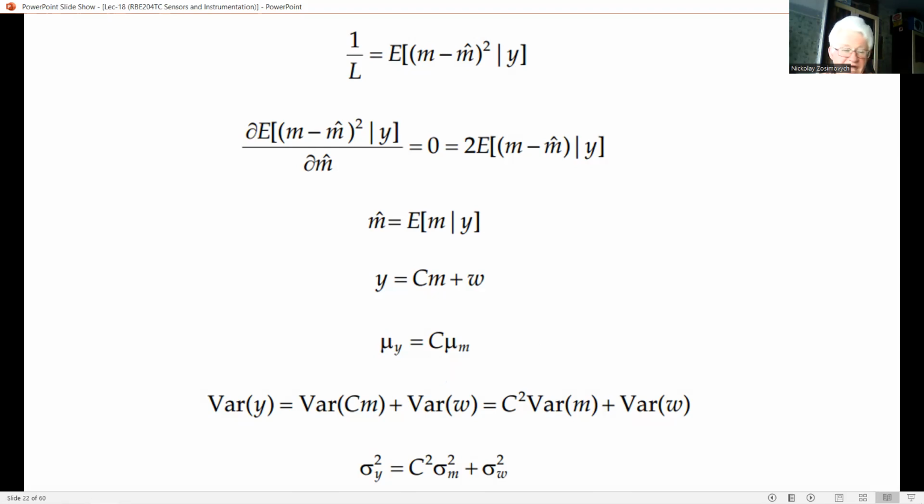Furthermore, since M and W are independent random variables, the variance of Y is the variance of C M plus the variance of W, that is, sigma_Y squared equals C squared times sigma_M squared plus sigma_W squared.